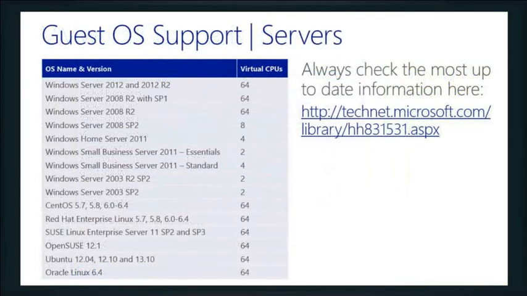Okay. Guest OS support. So from a server perspective, what OSs are supported? If you take a look at this, it's the number of virtual CPUs that we can run inside a guest OS or a guest virtual machine: 64 virtual CPUs for Windows Server 2012 or R2.